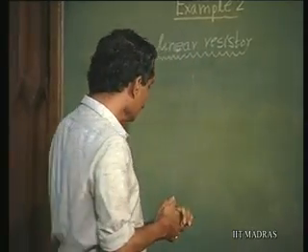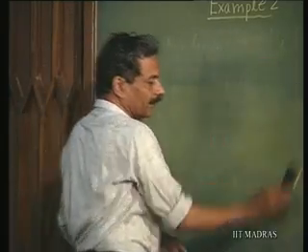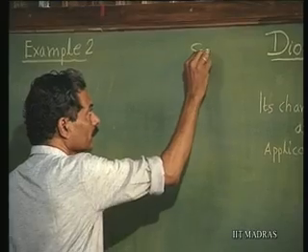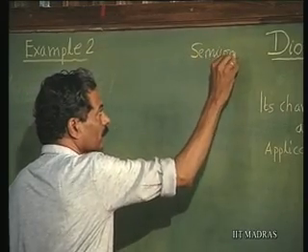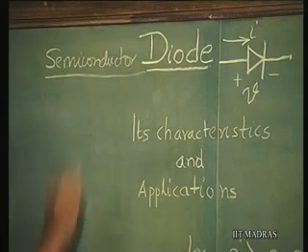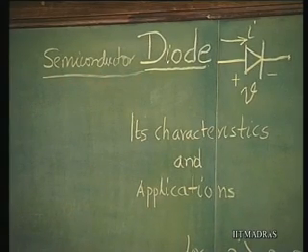This is what I mentioned at the end of the last class, when I said a semiconductor diode can closely approximate an ideal diode.